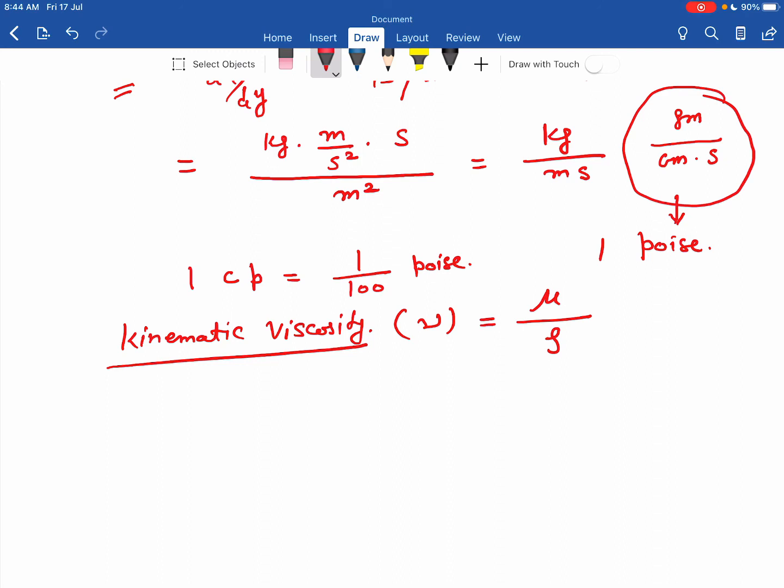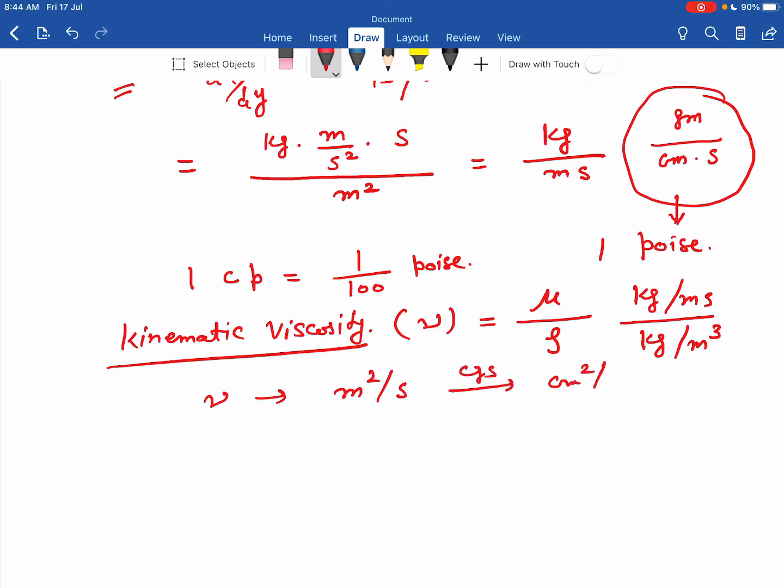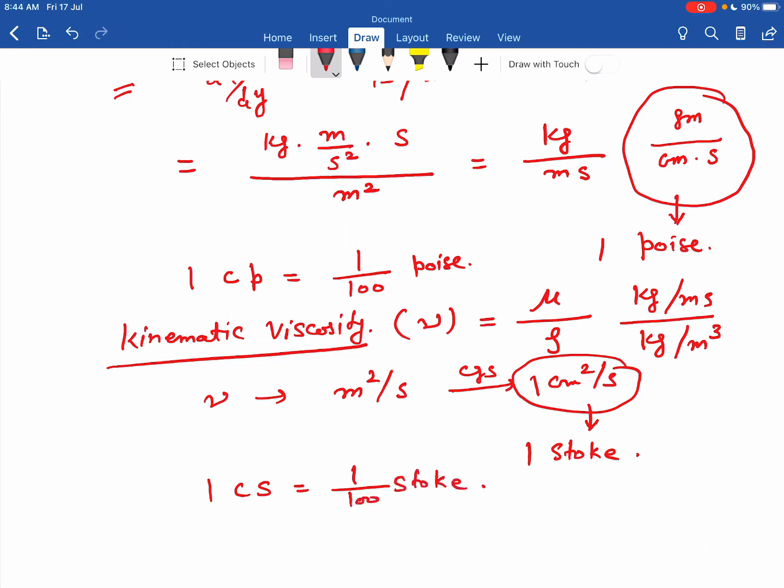If we talk about its units, mu has unit kg per meter second and rho has kg upon meter cube. So for nu, the unit becomes meter square per second. Its CGS unit is centimeter square per second. So 1 centimeter square per second we call 1 stoke. Then we have 1 centistoke, that is 1/100th part of a stoke.